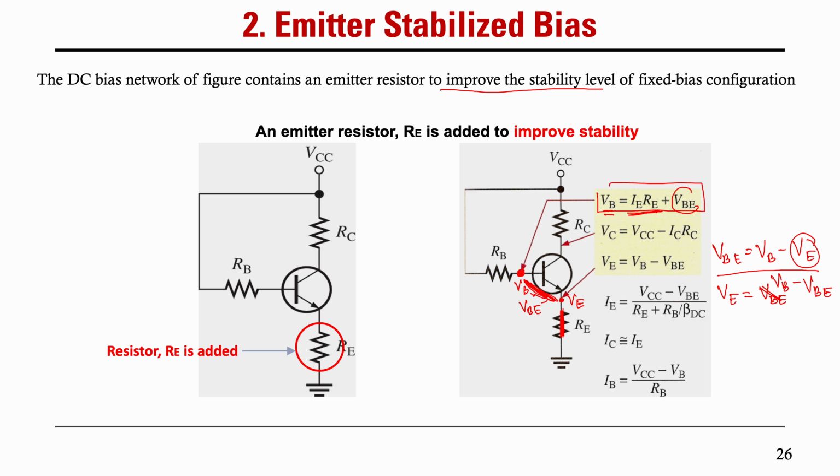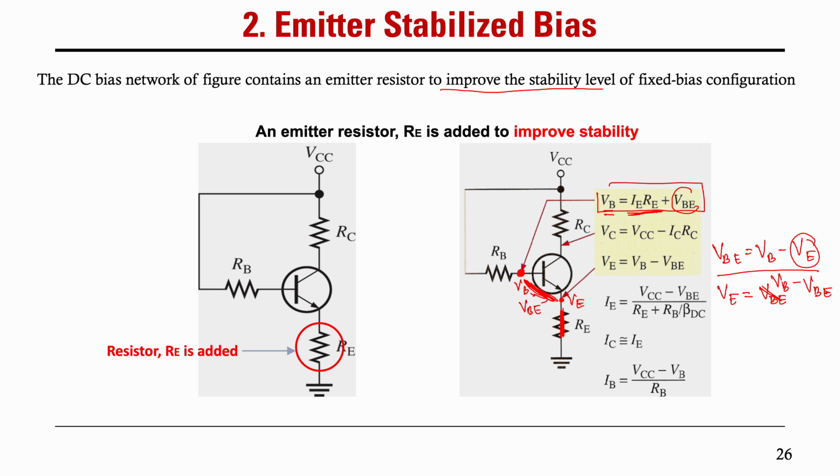The current at the emitter is equal to VCC minus VBE, from the base-emitter loop, over RE plus RB over beta DC. Let's look at how IE, IC and IB can be calculated.